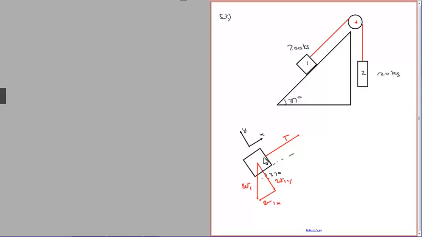In addition to the weight and the tension, we have the friction force and the normal force. The friction force is going to be pushing this way because the object wants to move this way. Friction always goes the opposite direction. We're going to call that F sub F, F for force, small f for friction.